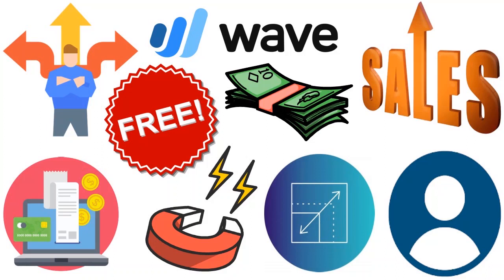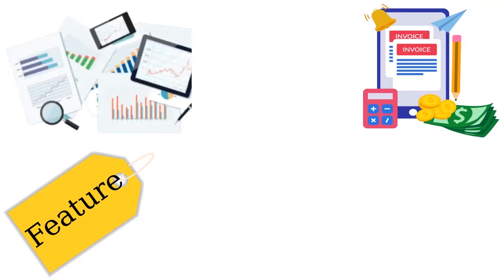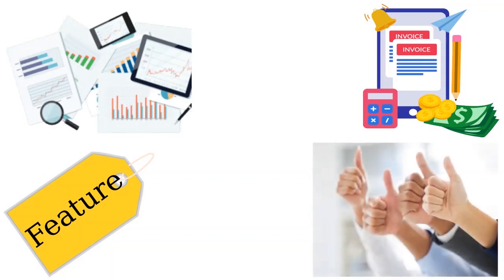So when we talk about Wave accounting, key features include a strong invoicing feature. The app will let you send invoices on the go. It offers significantly fewer reports than competitors though, and there's no inventory tracking. Ease of use, fantastic. You have tools that help automate the reconciliation process.